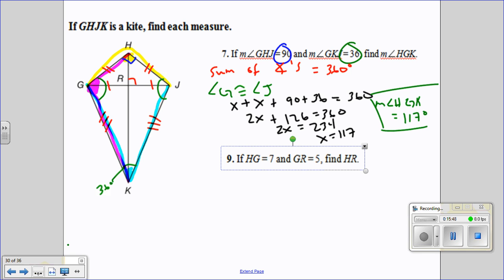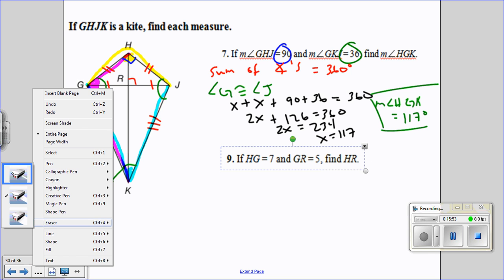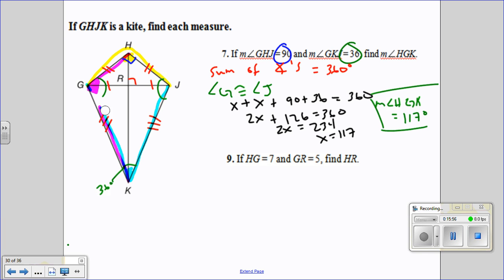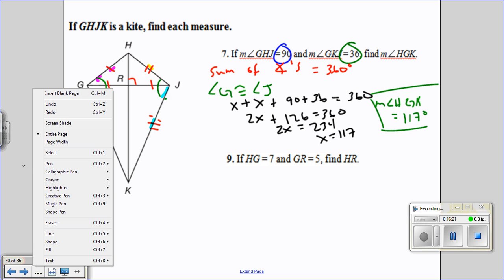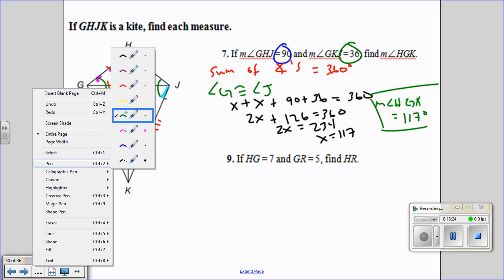Alright, let's erase some of my highlights to free up my picture a little. Alright, on the next problem, it tells us that HG is 7, so we can mark that on the picture.